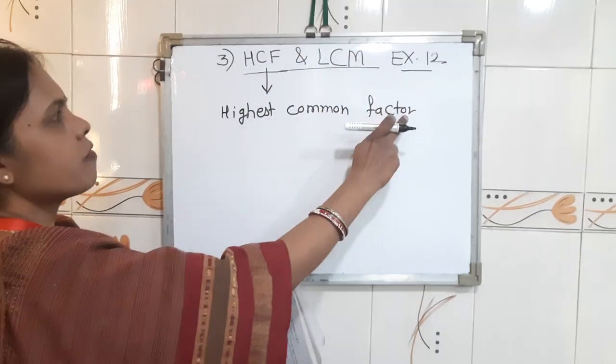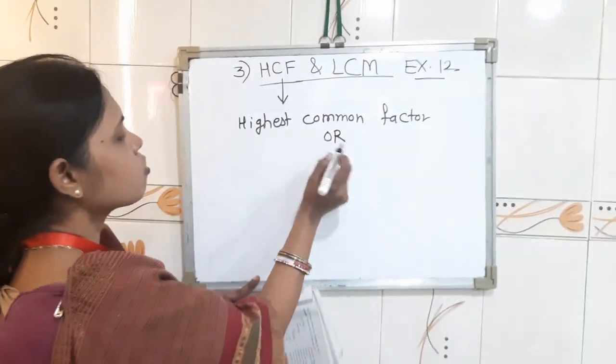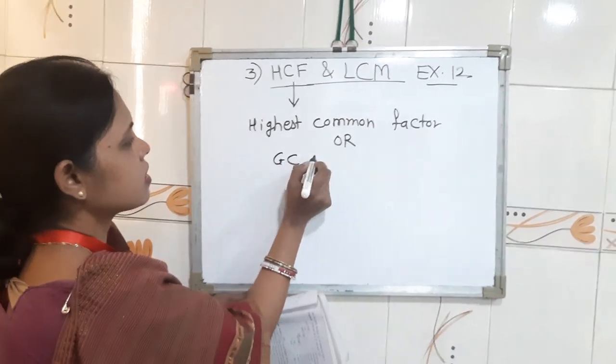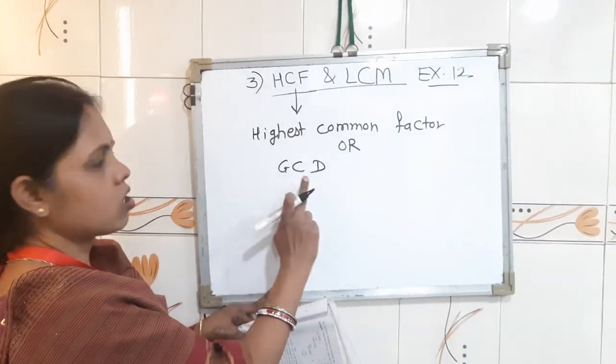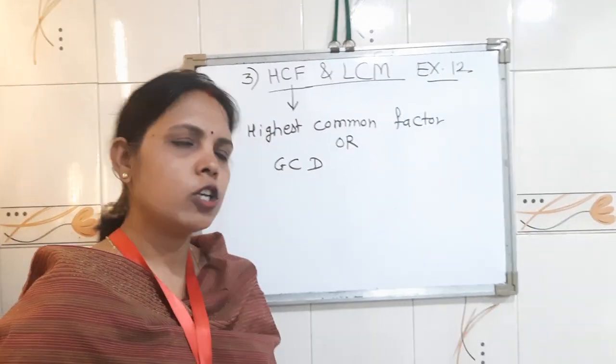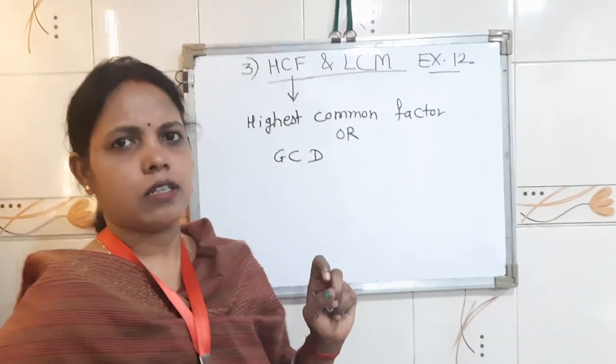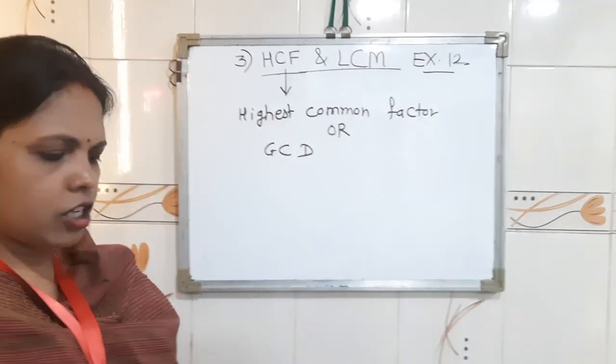Highest common factor, or this one is also known as GCD, greatest common divisor. So today we are going to learn highest common factor. Here the first question is given.